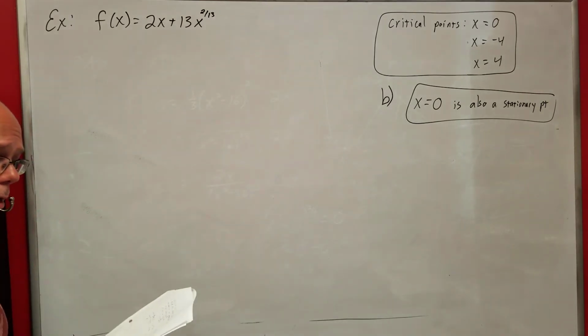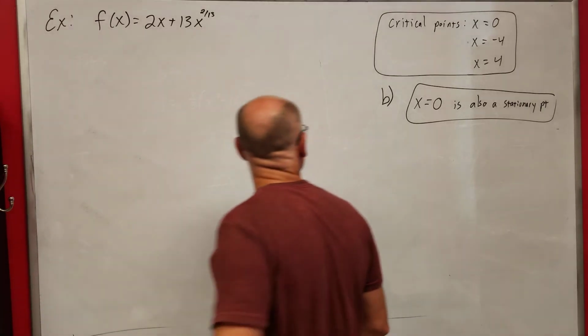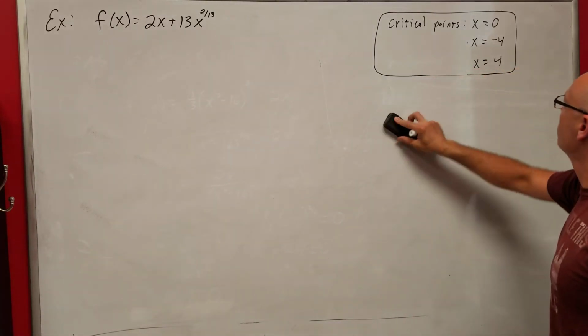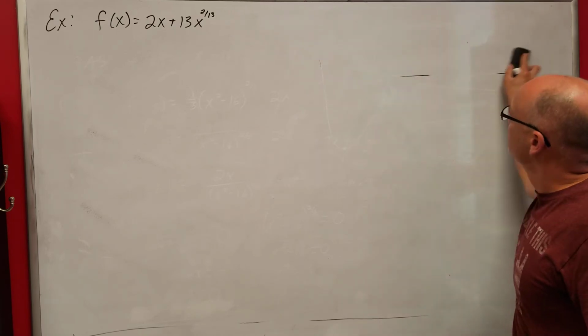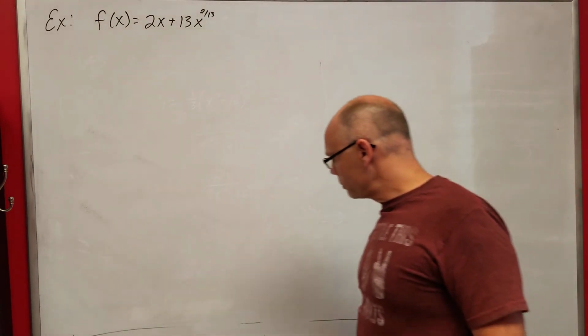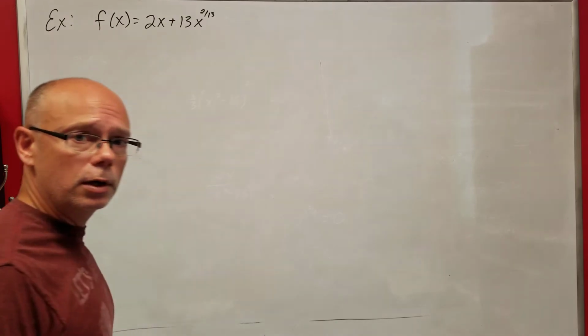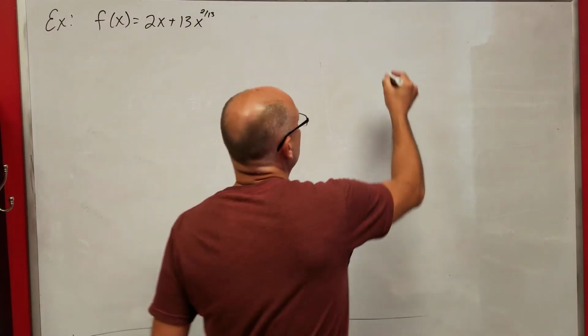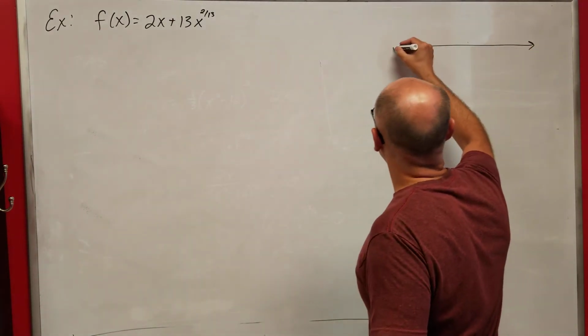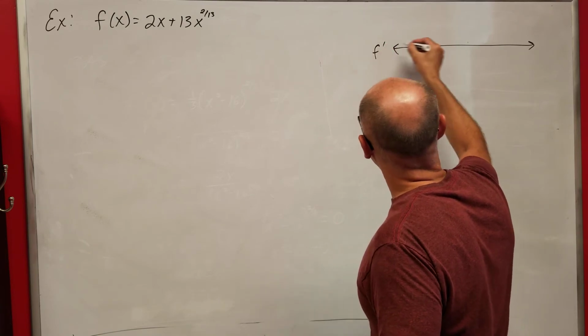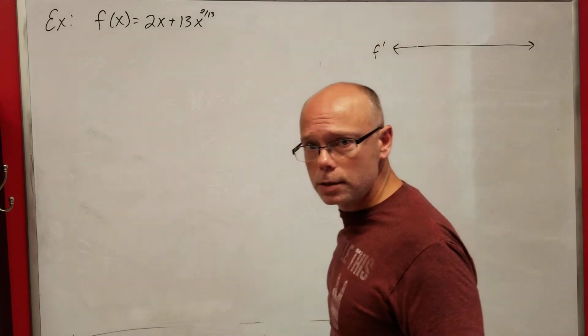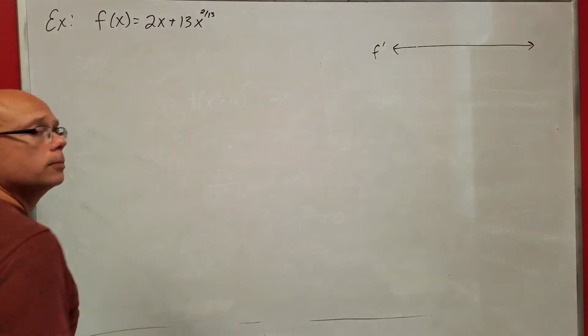And it wants me to find the relative extrema and list the answers in ordered pairs. So to find the relative extrema here, I'm going to do that first derivative test. What I do for my first derivative test is I find those critical points first. Then I draw a number line, like we did in the last section, with f prime, break it up with those critical points, and run test values.